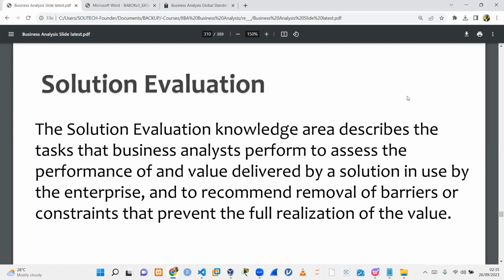Like I said in one of the series, you can have people, you can have processes, you can have even technology at times hinder full realization of a particular value of a solution. So you want to be constantly evaluating whatever solution you're proposing so that you can deliver the best value, because value delivery is very key for BAs.